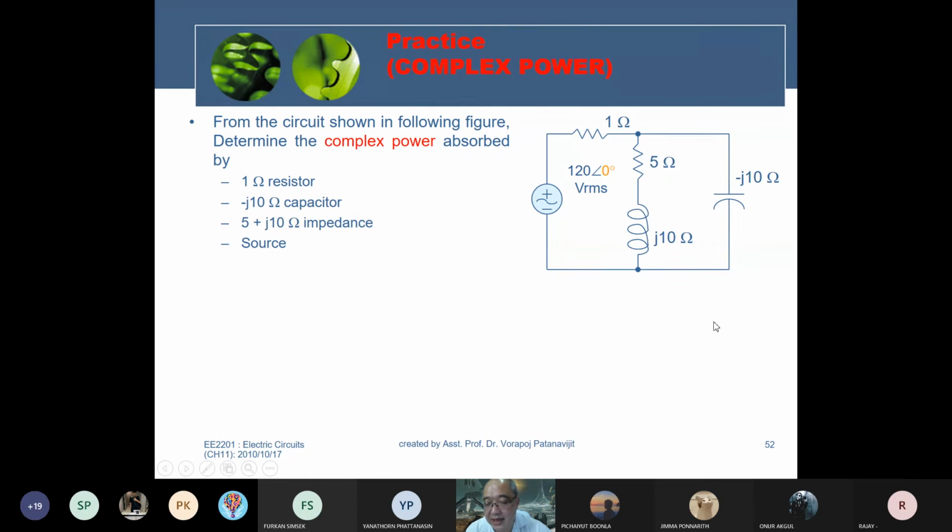Can you see my slide? Yes. Okay, capture the second question first. For both questions, I will provide you the solution next time. Okay, capture it. 5, 4, 3, 2, 1. Okay, finish.